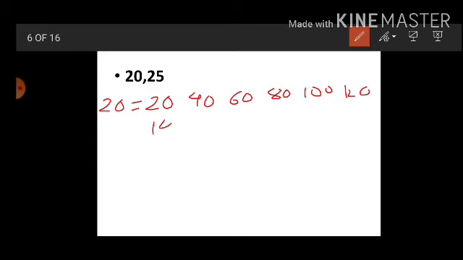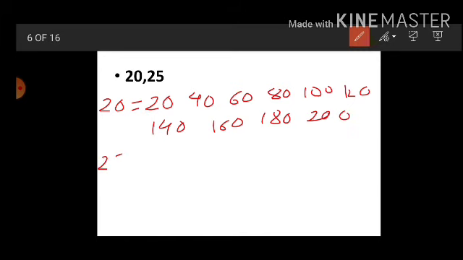Okay students. Now next one, 20 and 25. Again we write the multiples of 20. 20 ones are 20, 20 twos are 40, 60, 80, 100, 120, 140, 160, 180 and 200.